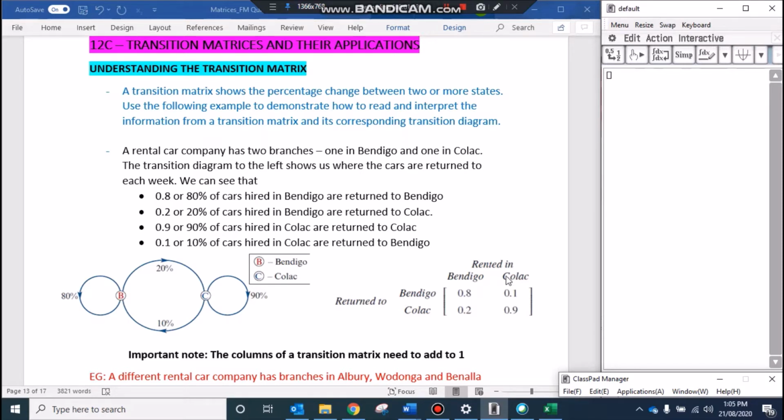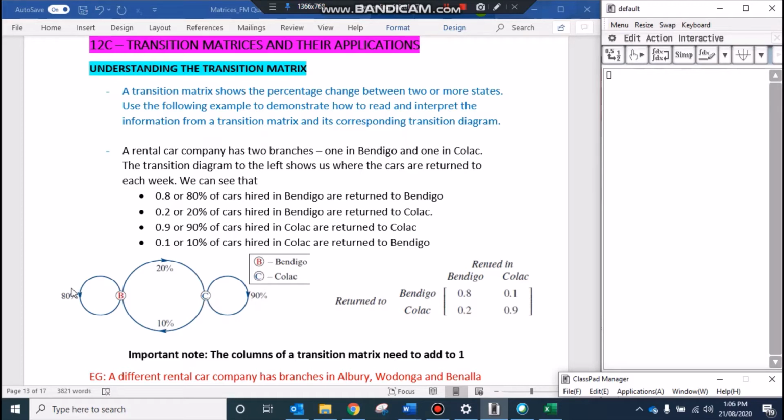So you can see here, also correlating to the transition matrix, a car that's rented in Bendigo, 80% of the time, so 0.8 as a decimal, it is returned to Bendigo. And we can see that if 80% are returned to Bendigo, that leaves 20% to get returned to Colac.